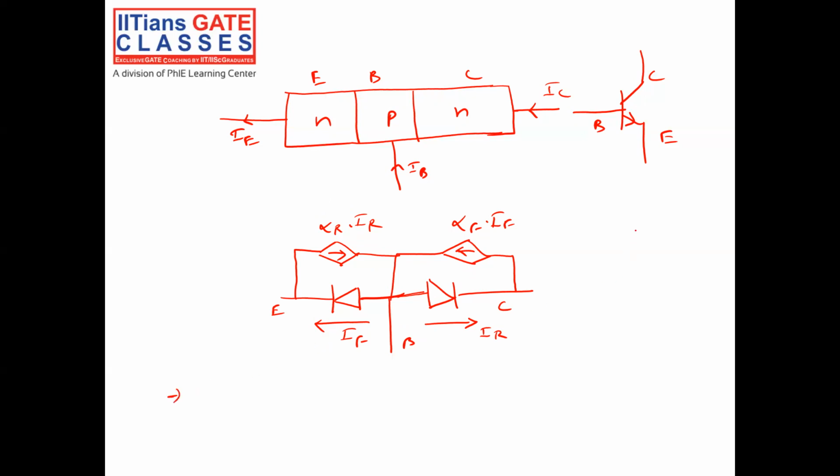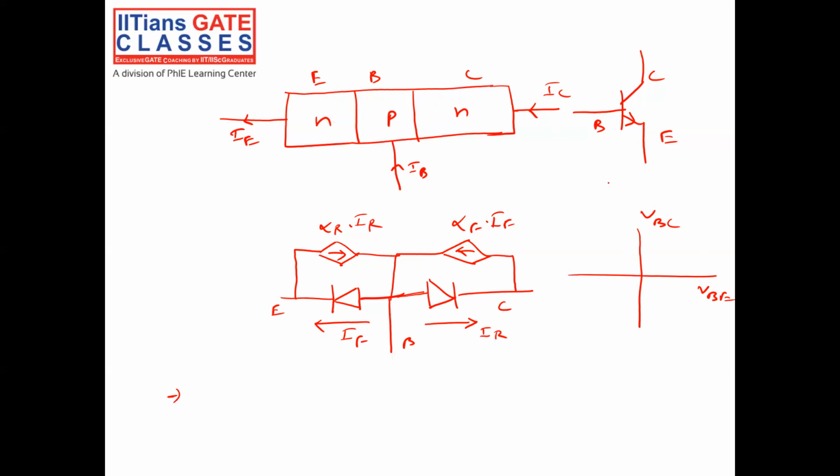Okay, so if you try to understand this one, let us take suppose this is my VBC, this is my VBE. Let us assume that if VBE is greater than 0, my input base emitter junction will be forward biased.